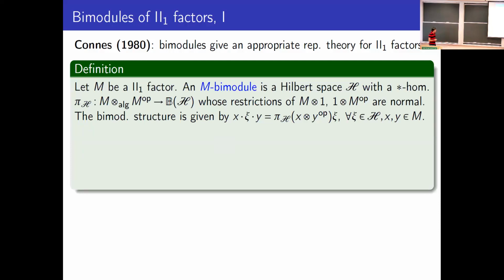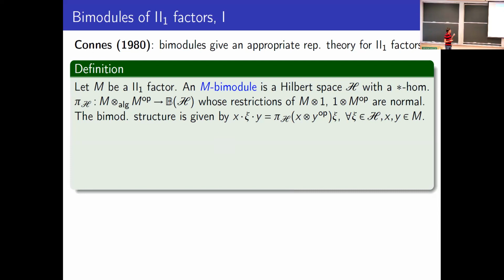So what is a bimodule? So let M be a II1 factor. A bimodule is a Hilbert space H together with a star homomorphism from the algebraic tensor product of M and its opposite algebra to the bounded operators on H. So what this means is that I have two representations of M and M^op on H which commute.